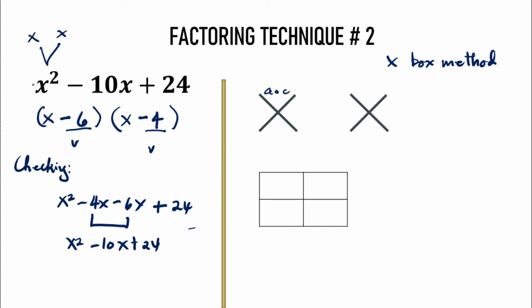Yung first term, saka yung last term. Dito naman is si B. At dito, sa left and right, ito yung mga factors. Ito yung mga factors ng 24. Na pag i-add natin, magiging B. Okay.